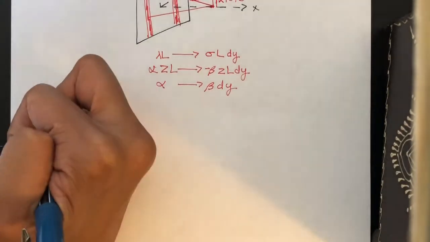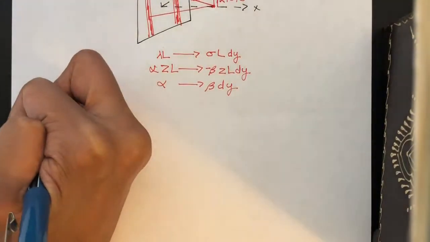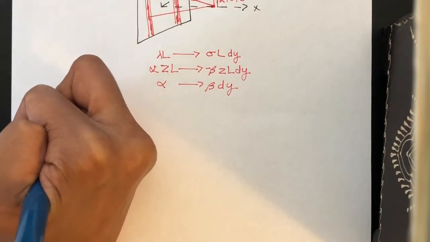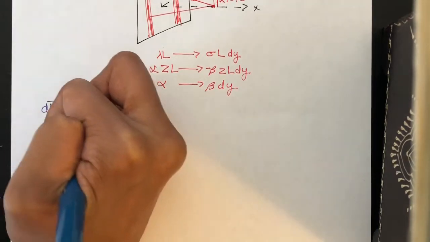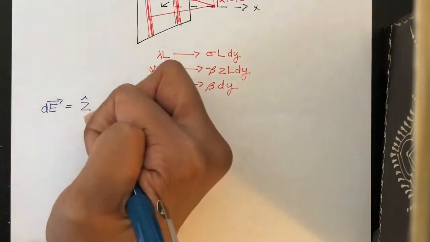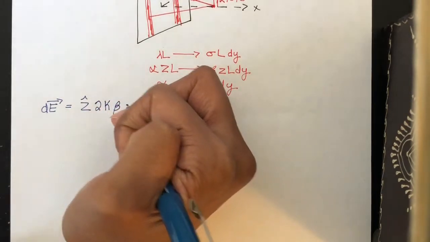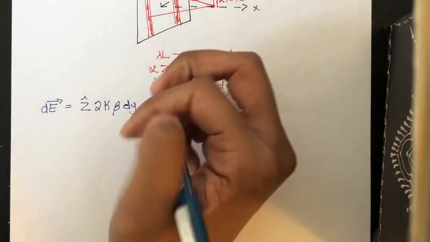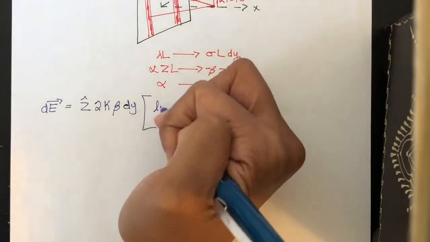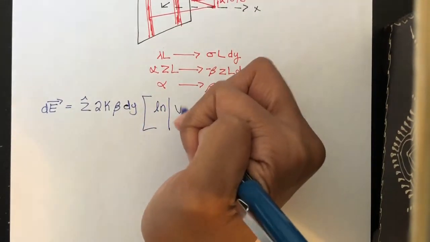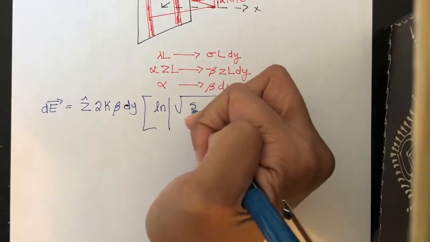To get dE, E is equal to z hat, the direction where the electric fields add, 2k beta dy ln, substitute our x for s.